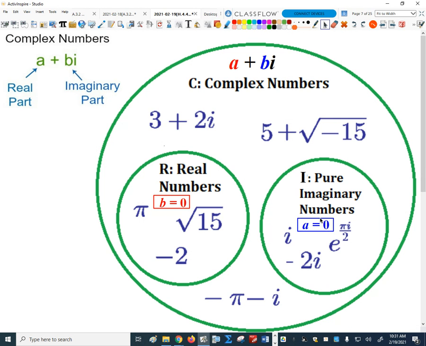Another subset would be where a is equal to 0, and we get the pure imaginary numbers. Within this set of real numbers, that entire Venn diagram that we looked at at the beginning of the year with all those subsets of real numbers would be included in that green circle right there. Everybody got that? Give me 1 to 5 on that real quick.